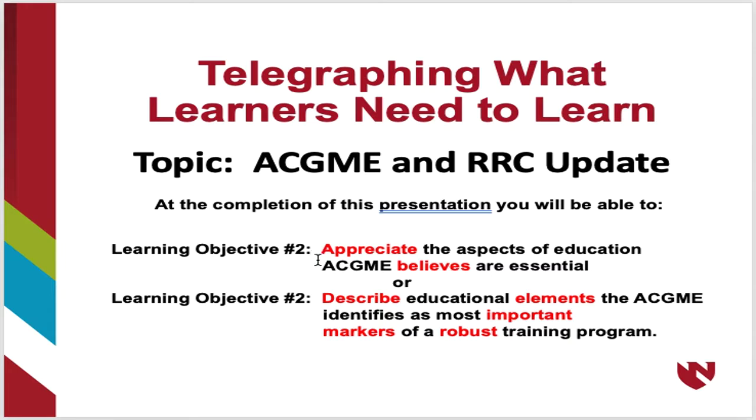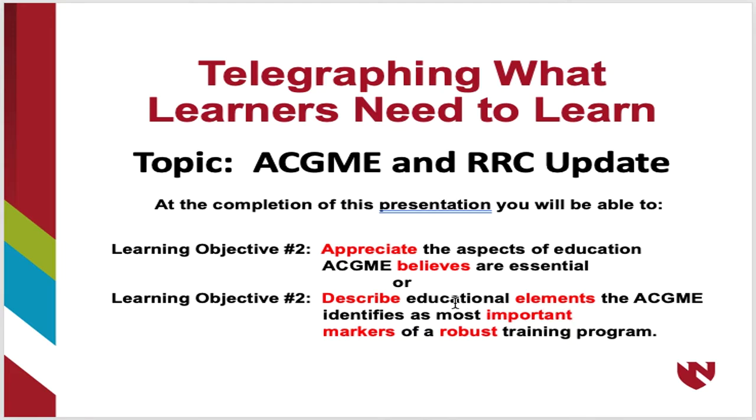A better way of wording the same goal or concept would be, at the end of this activity, you will be able to describe educational elements that ACGME identified as the most important markers of a robust training program. So now you know what essential elements are.